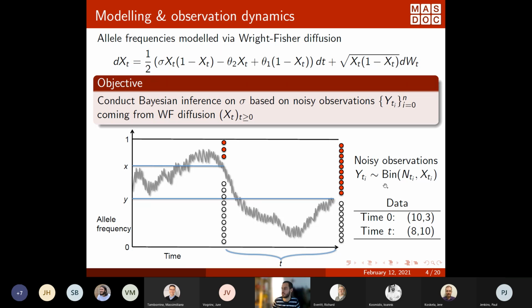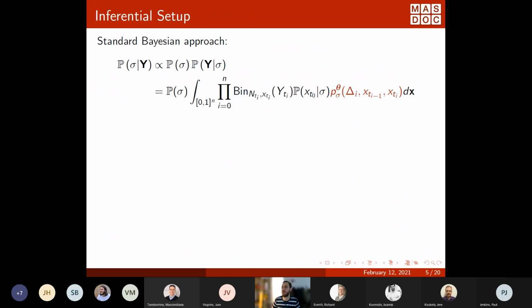This is just the fact that an archaeologist knows how many samples he has, right? So what is random is this x_{t_i}. This is the modeling framework we're working in. And perhaps the standard way to approach this would be to just marginalize over the unknown path x, right?